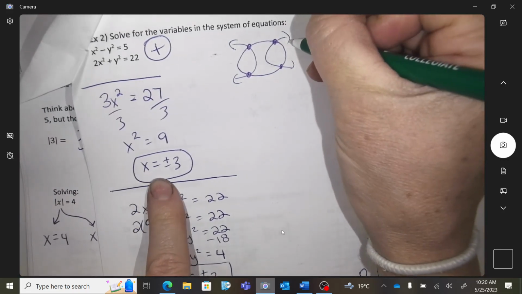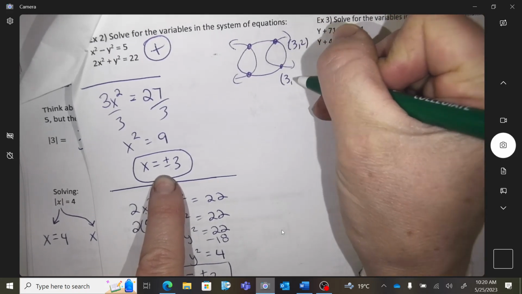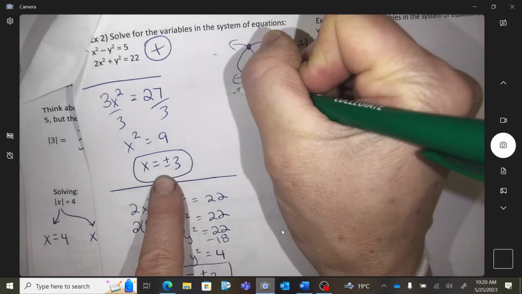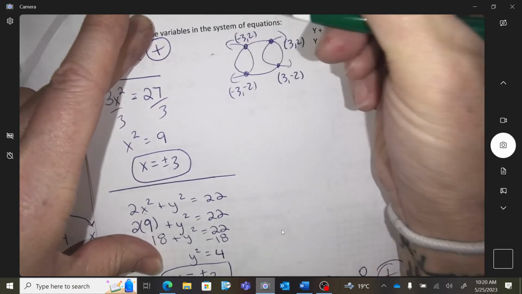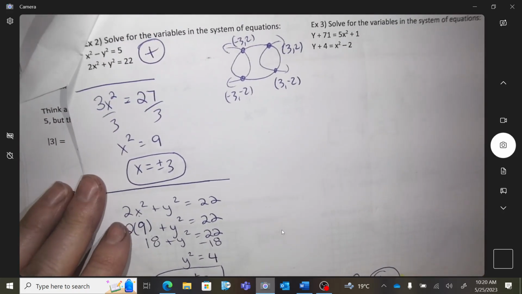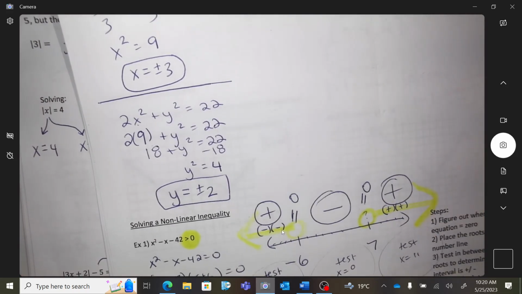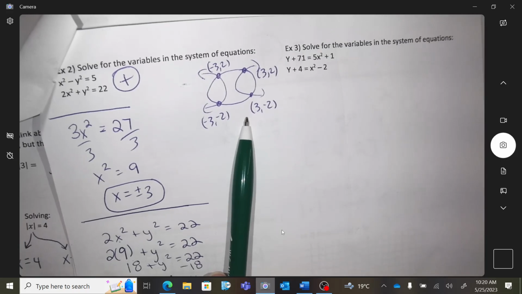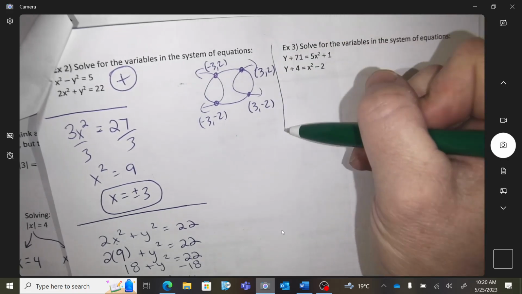So this coordinate would be 3, 2, 3, -2, -3, -2, -3, positive 2. Okay? That's why the plus minus is important. There's actually 4 coordinate answers on that one. Okay? So don't forget your plus minus.